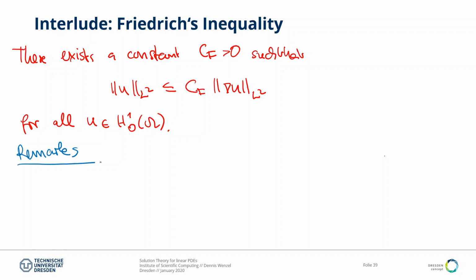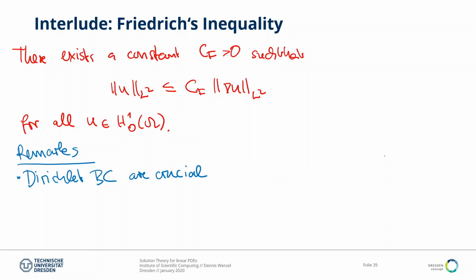The first part is the Dirichlet boundary condition. The fact that we are in H1 0 is very important here. The Dirichlet boundary conditions are a crucial ingredient, because if we don't have them, we simply don't have any control over the function values.